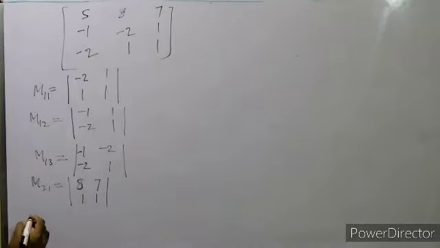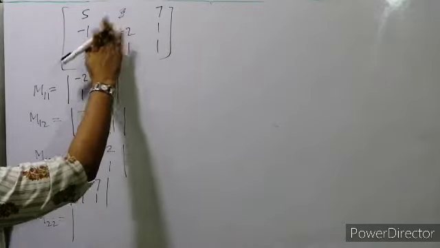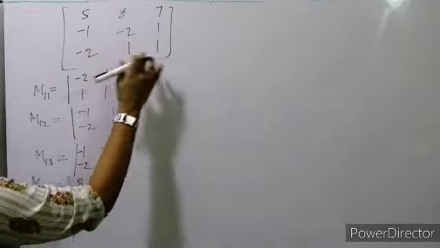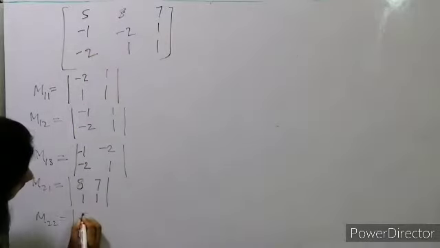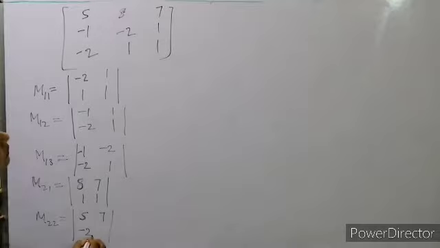Okay, now M22, remove the second row and second column: 5, 7, minus 2, 1.